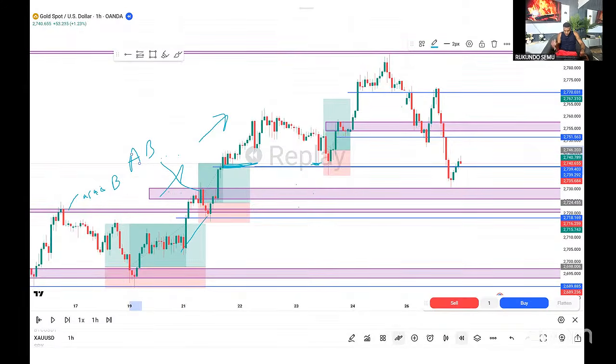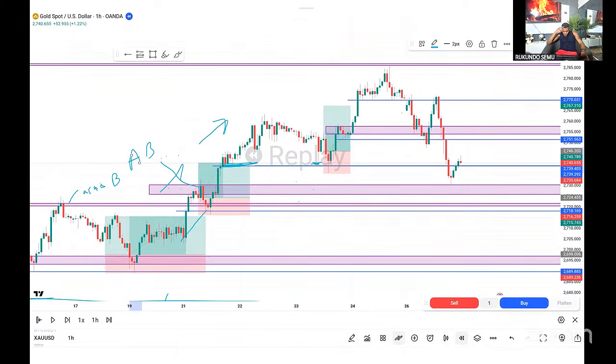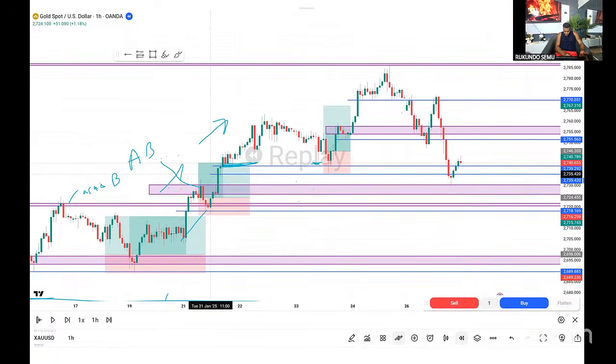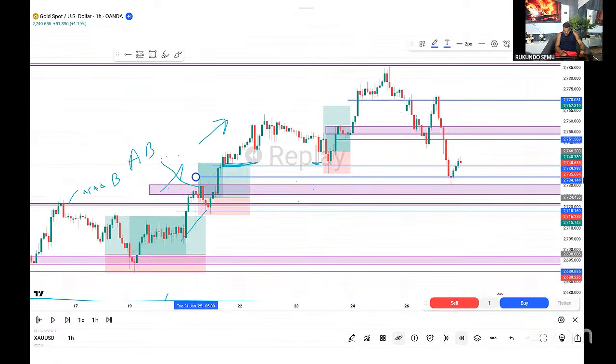Yes. So we can still take this trade. Reasons why we have liquidity here. And we say that at least more than 2 candles. And here at least there is more than 3 candles. And the market has come back and tapped in the area of benefit. Are you seeing it, guys?